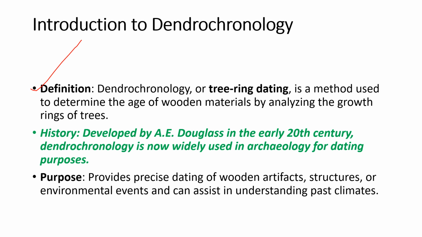This technique was first developed by A.E. Douglas in the year 1900, and since then it has become the most valuable precise dating method available in the laboratories of archaeologists.